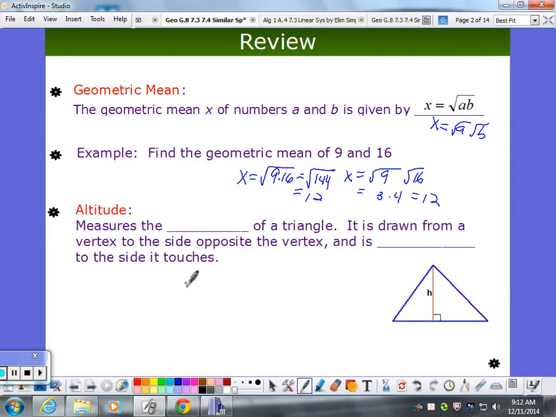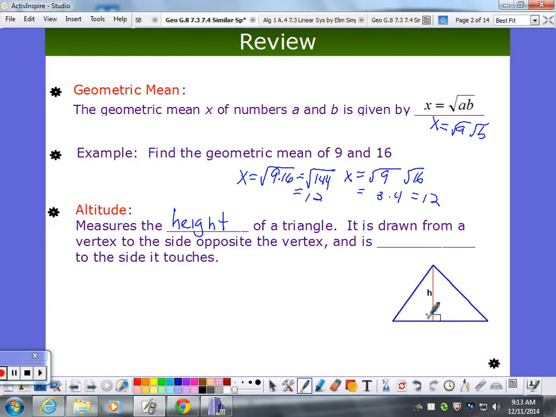Now let's remember altitude. It measures the what of a triangle, Joseph? What does it measure, altitude? Height. Height and altitude. How high is the triangle? You drop an altitude from a vertex to the side opposite the vertex, and it's blank to the side it touches.